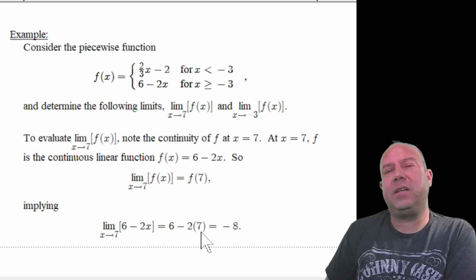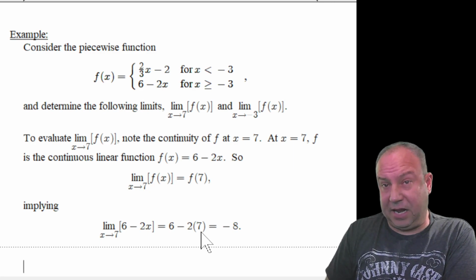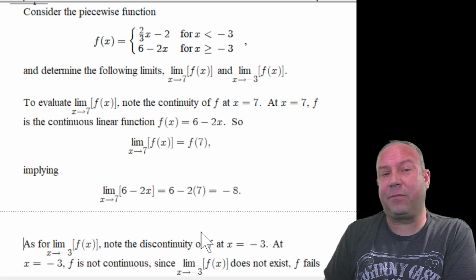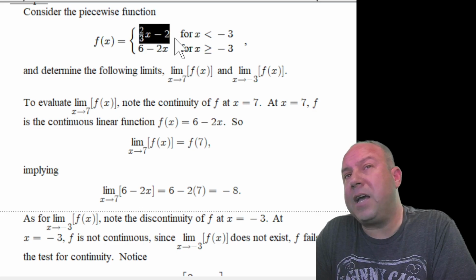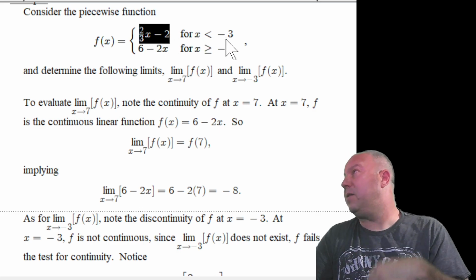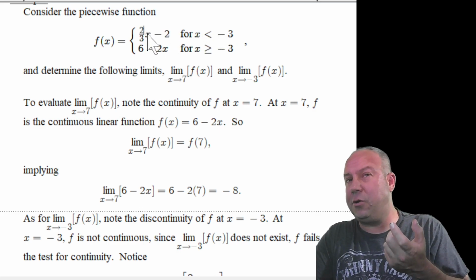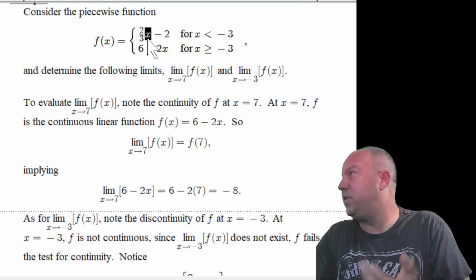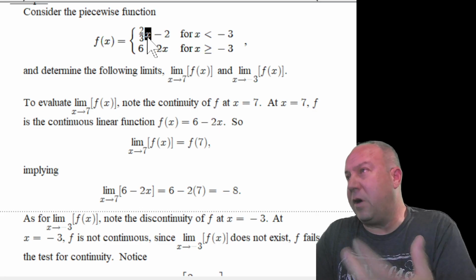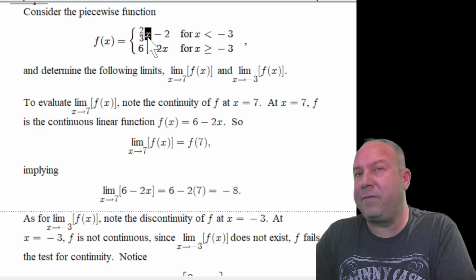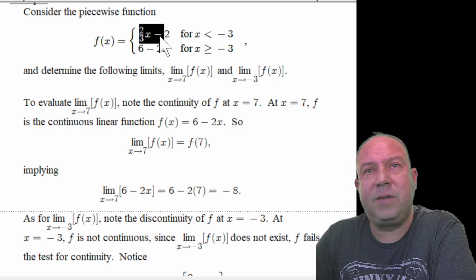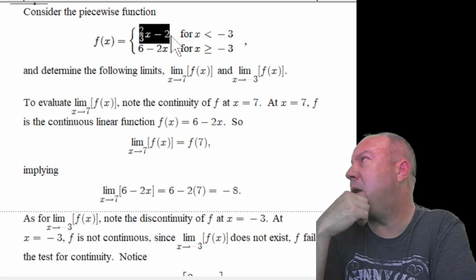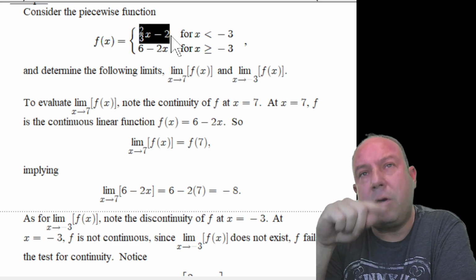Whereas from the left-hand side, from values less than -3, we would be approaching on the piece 2/3 x minus 2. For values less than -3, if we used the substitution method and substituted in -3, which is safe to do since this function exists by itself at -3, 2/3 times -3 is -1.